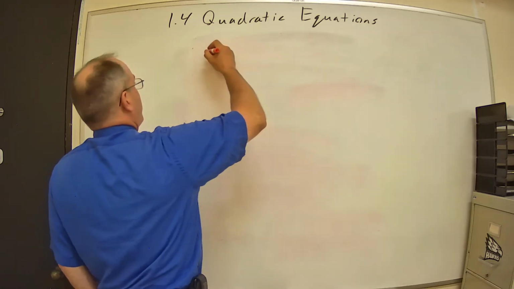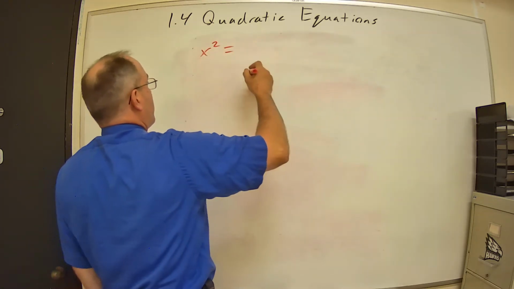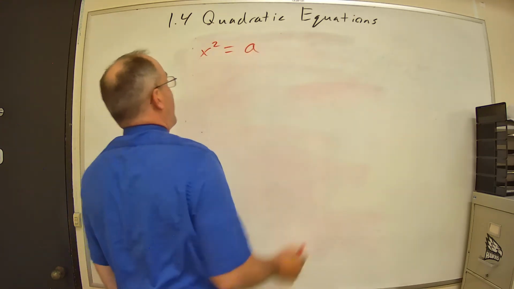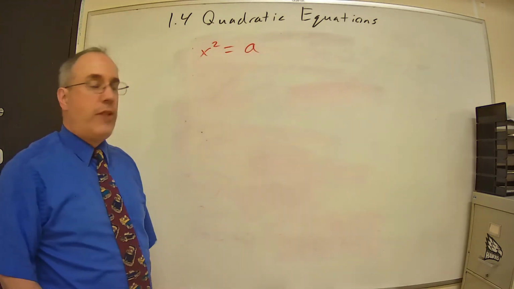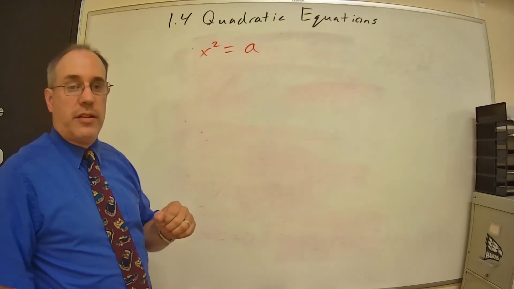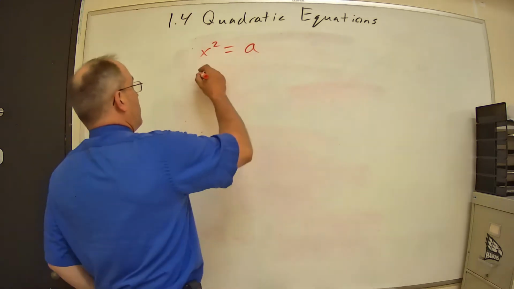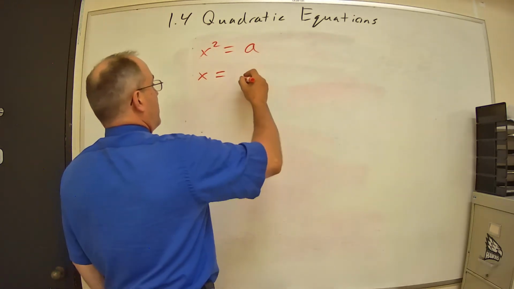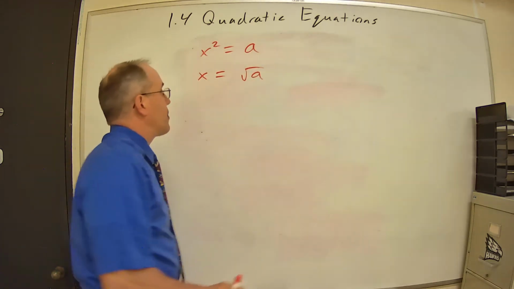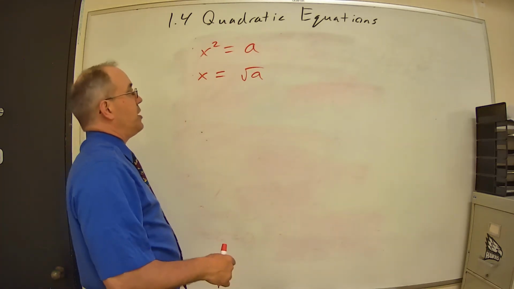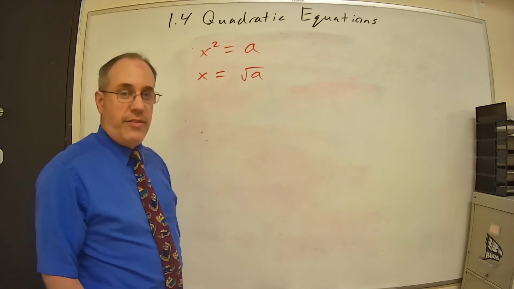If you have x squared is equal to a, and we want to solve for x, we can take the square root of both sides. So x is equal to the square root of a. But we have to remember that it can also be equal to the negative square root of a.